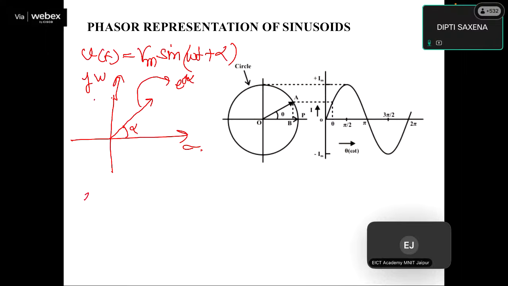Now, as you all know, e raised to the power j alpha can be written as cos alpha plus j sine alpha.